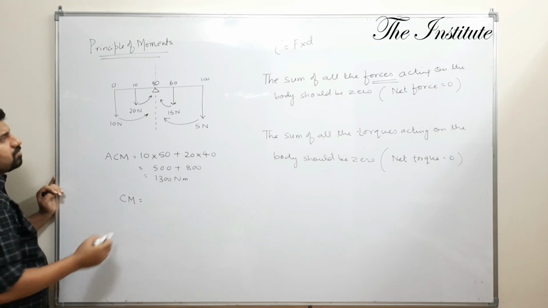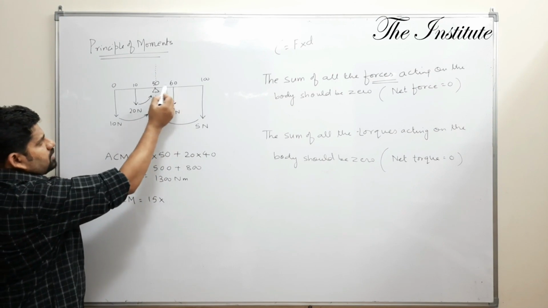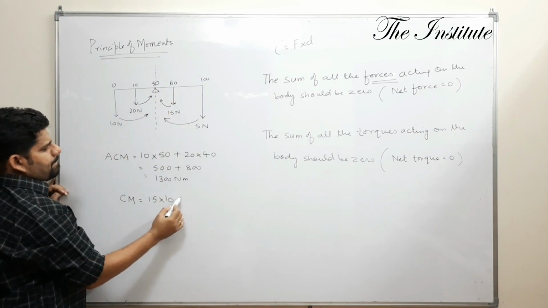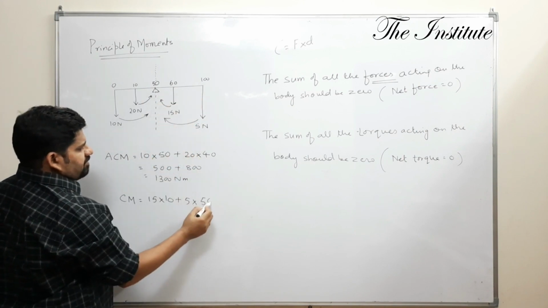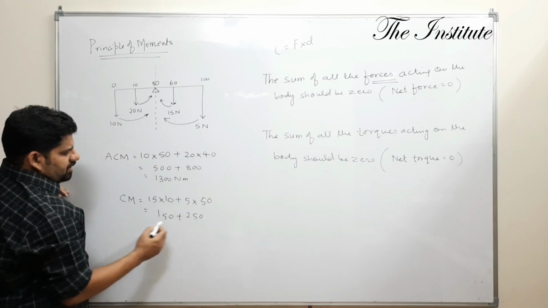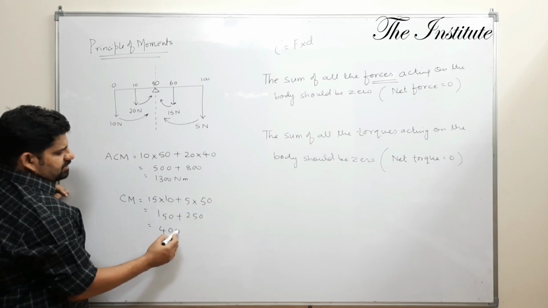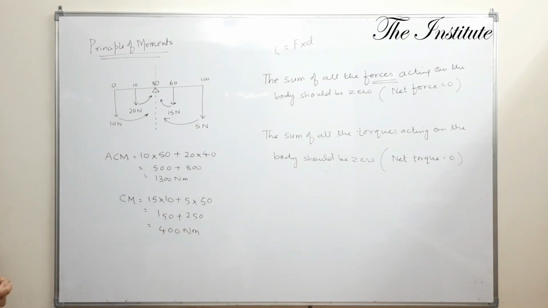For clockwise moment, 15 into the distance is 10 plus 5 into this distance is 50. This comes out to be 150 plus 250, that is only 400 Newton meter.